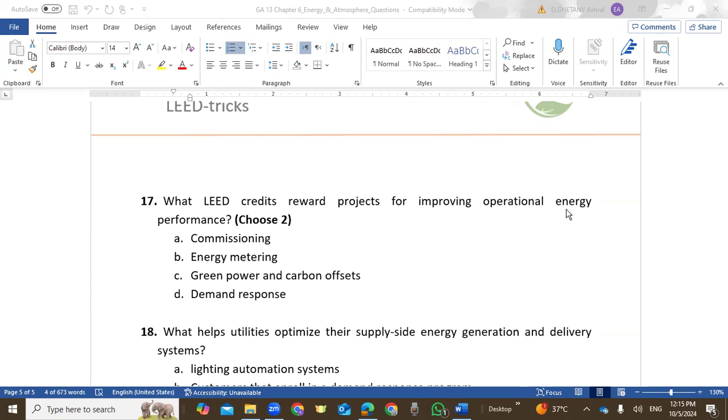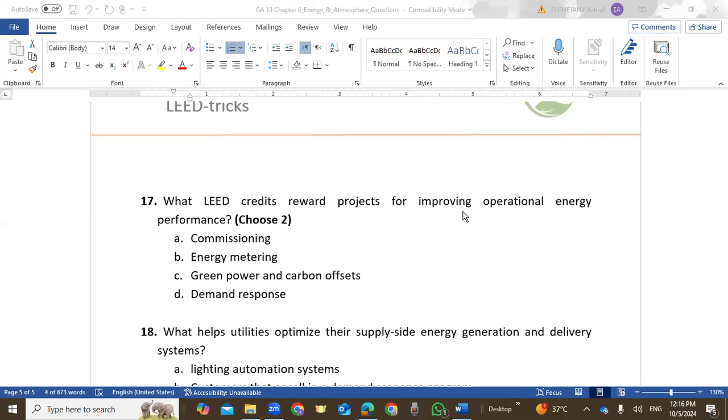Credits that are related to operation or improve the operational energy performance. What are they? Is it commissioning, energy metering, green power and carbon offset, demand response? The credits that reward you with points when the project improves the operational energy performance.